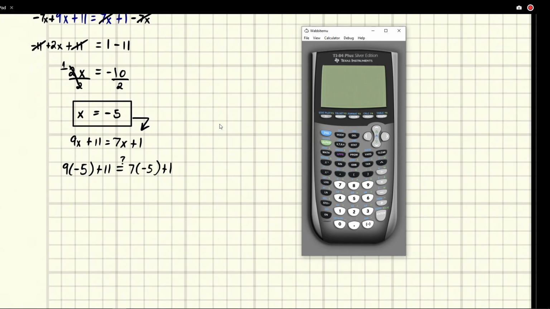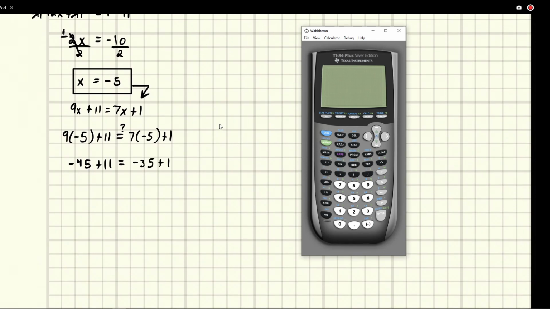So 9 times negative 5 is negative 45, plus 11. Is that equal to 7 times negative 5, which is negative 35, plus 1? All right, so negative 45 plus 11. If you need to, you can do it off to the side or use a calculator.